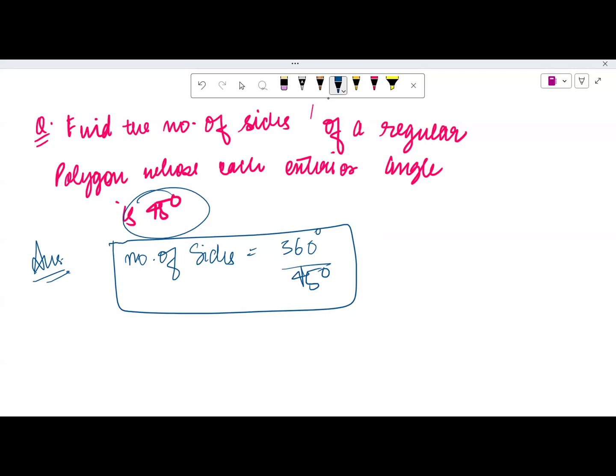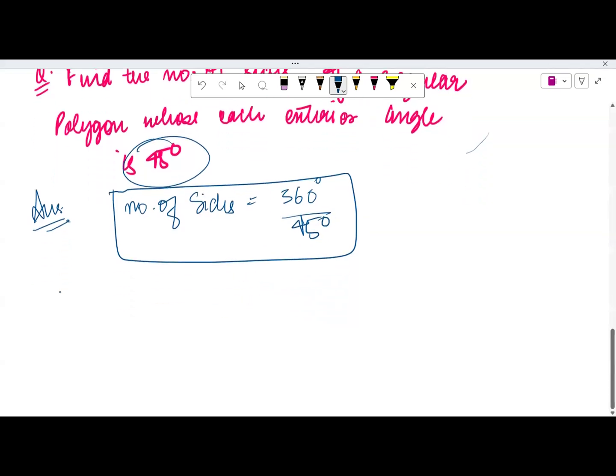Ma'am, I found the answer. Okay, what's the answer? Eight sides. Eight is the correct answer.